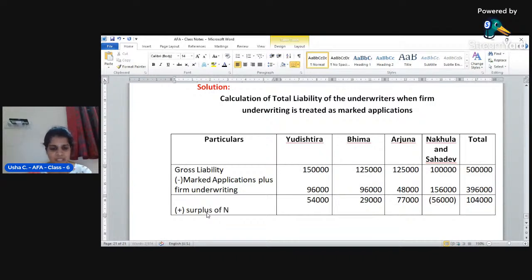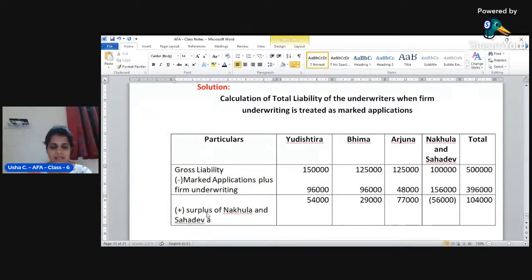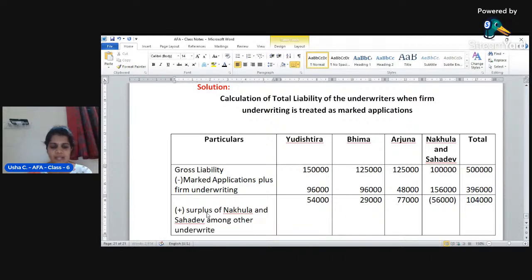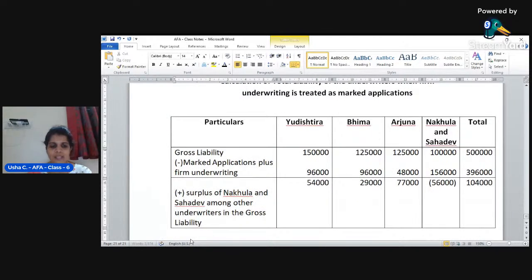of Nakula and Sahadev among the other underwriters in the gross liability ratio of 6 is to 5 is to 5. So now you know how to calculate that, right?